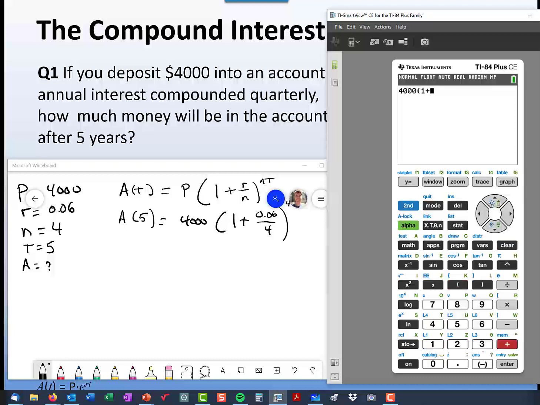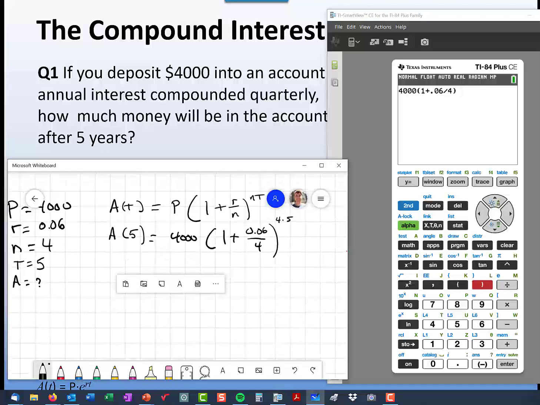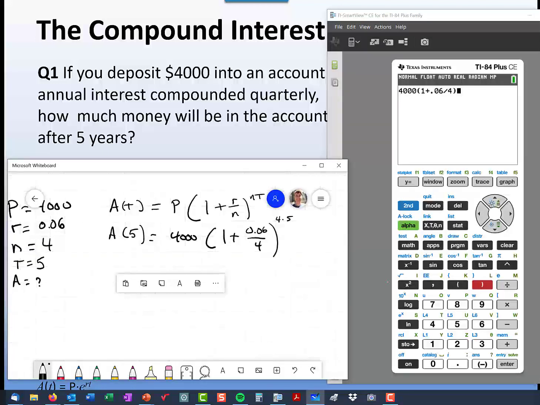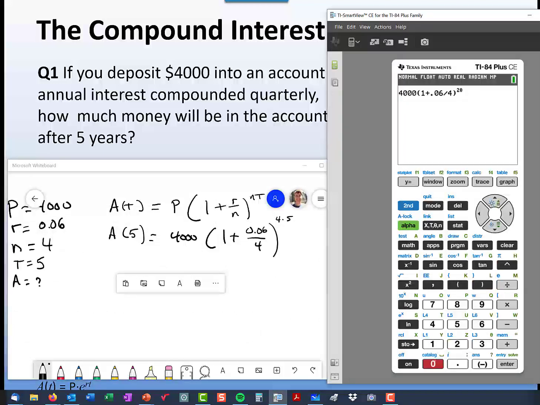1 plus 0.06 divided by 4. Close the parentheses. Then we're going to raise that to, remember that was 4 times 5? So I'm going to just put in 4 times 5, which I know is 20. 20 power, hit enter.